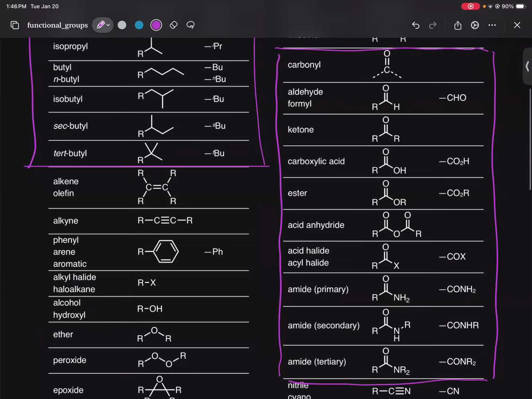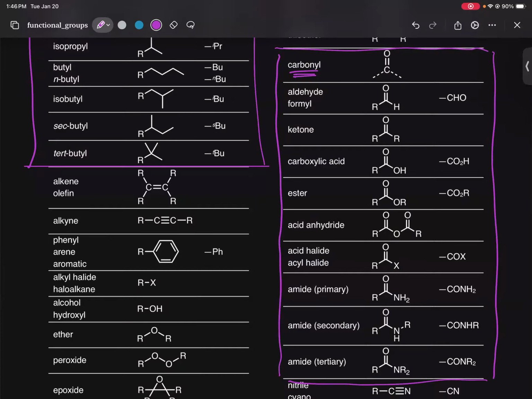Then the next big group is all of these types of carbonyl compounds where we have a carbon-oxygen double bond. And these are all over the place, hence why there's a large range of different ones.